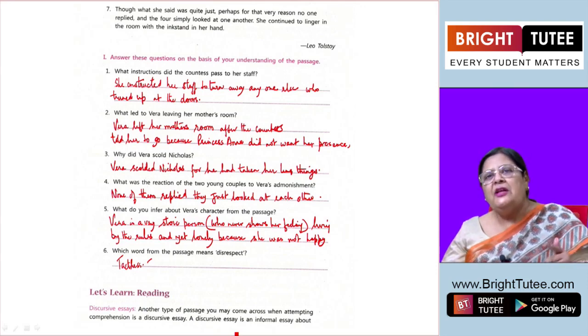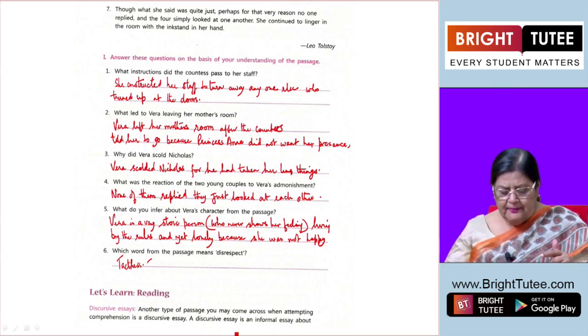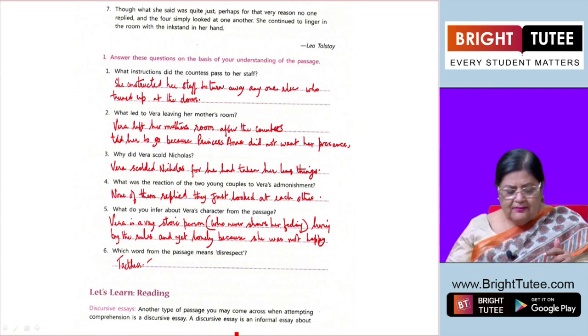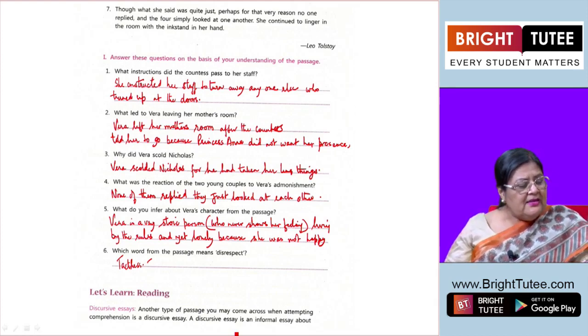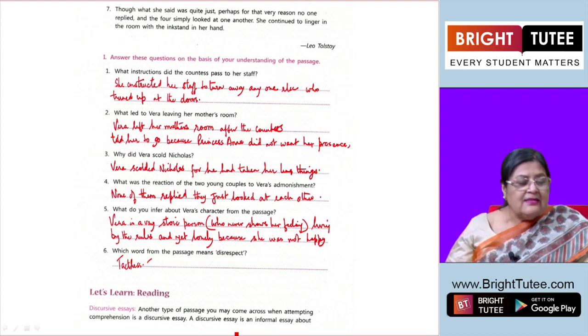Now I am coming to the next reading passage, children. This is a discursive essay. As I told you, what is the meaning of discursive essay? A discursive passage is a passage which includes argument, interpretative and persuasive text.